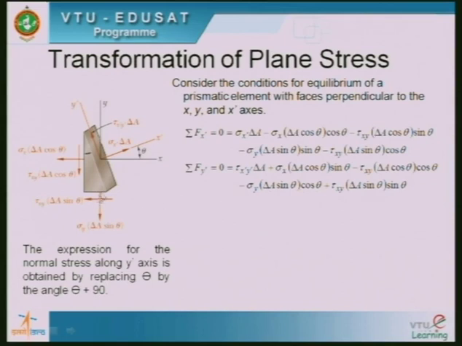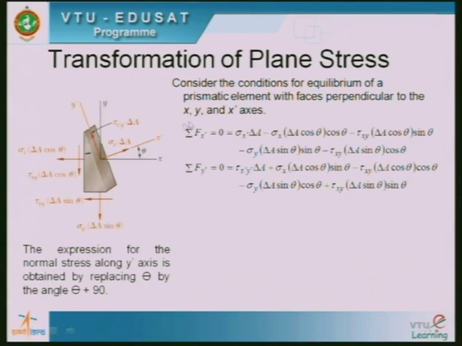Similarly, if I want to resolve this along this plane, I get this acting along the same sense as that of y dash, so it is positive tau xy delta a sin theta, and when I resolve it along this, I get sin theta. These are the algebraic sum of the forces acting along the normal axis, which is denoted as x dash in this diagram, and perpendicular to it, which is y dash.